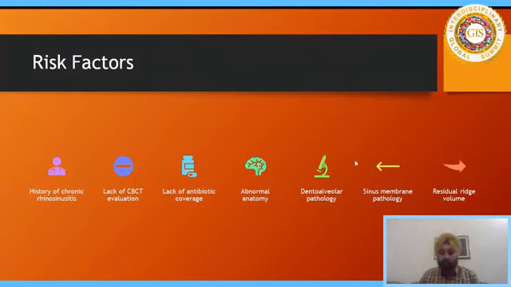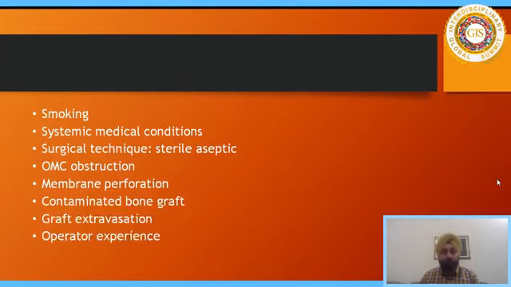Dentoalveolar pathology, sinus membrane pathology, or reduced residual ridge volume could be present. Smokers, systemic medical conditions, surgical technique that did not follow asepsis properly, osteometal obstruction, membrane perforation, a contaminated bone graft, graft extravasation, and the operator experience is the foremost in such a procedure.